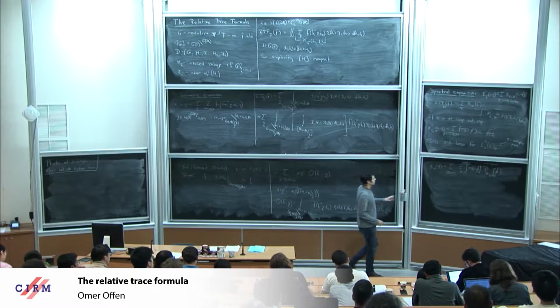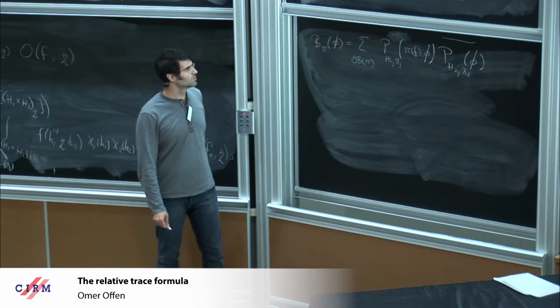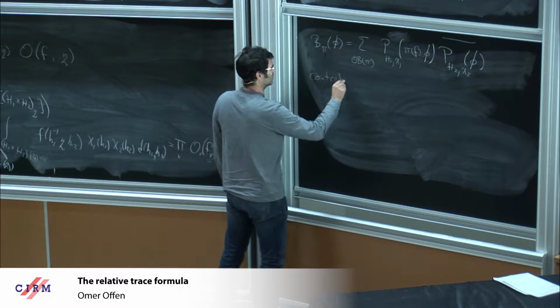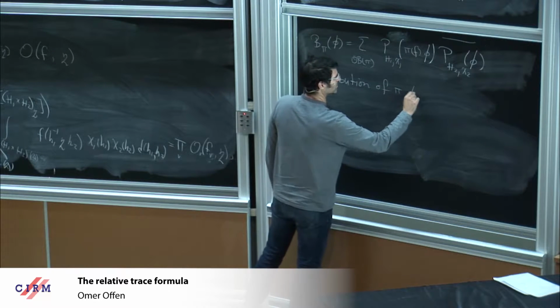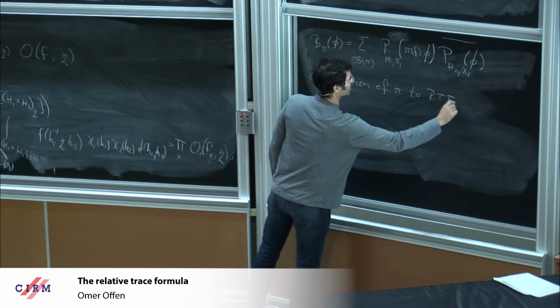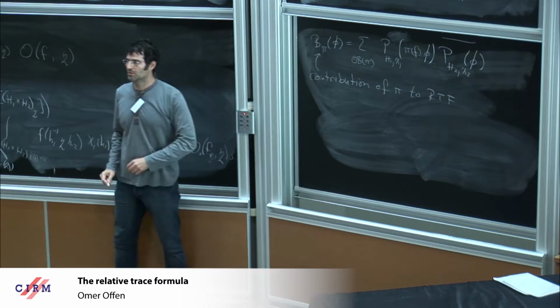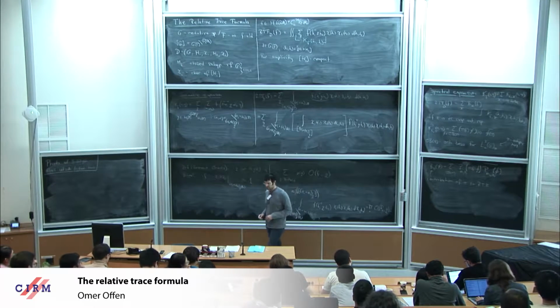Actually, so this distribution, the contribution of pi to the relative trace formula, okay, this is really the global analog of the spherical distributions that showed up in the last 10 minutes of Fiona's talk this morning.